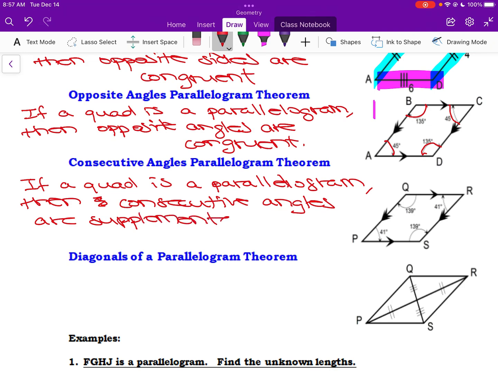These are no longer congruent, but we're talking about angles that are consecutive, meaning they're next to each other. So angles P and S, for example, are consecutive because they're next to one another. 41 plus 139 is going to give us 180 degrees.